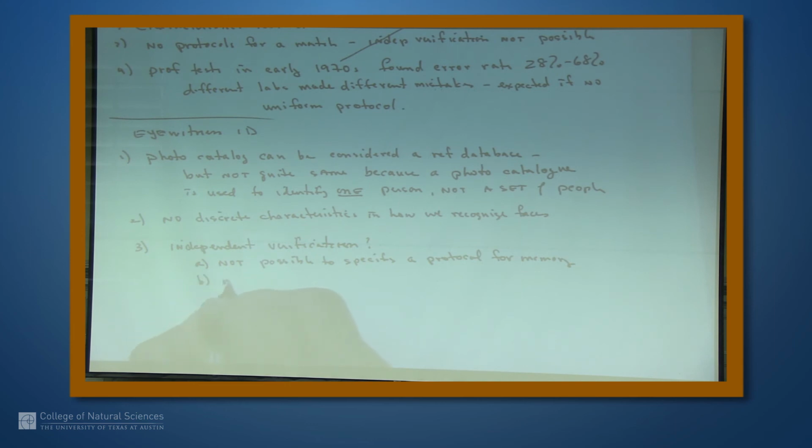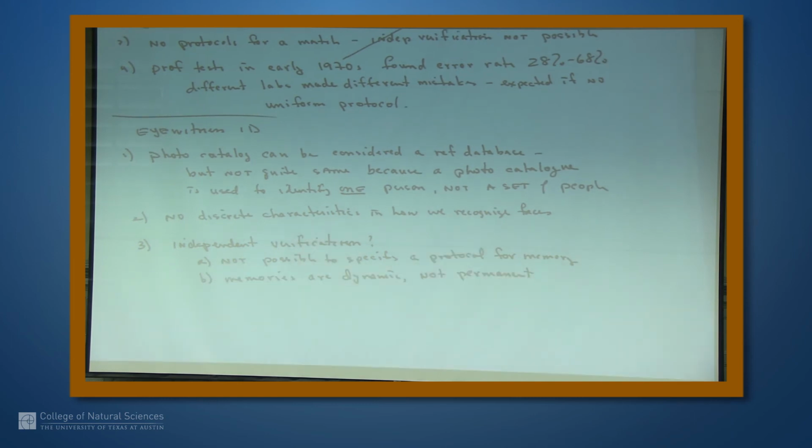Memories are dynamic, not permanent. And of course, we can't revisit it. It's not like we go back and look at the tape again and say, okay, let other people do this. So there's no real hope of this.